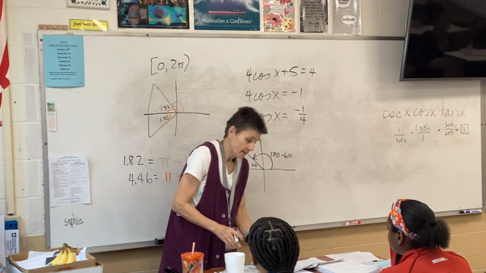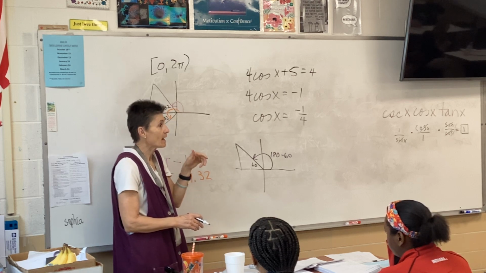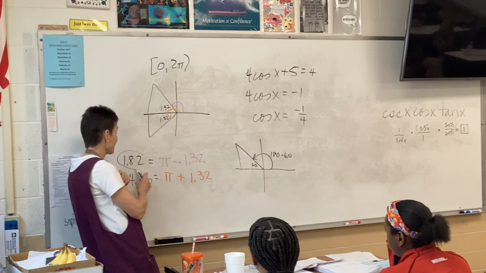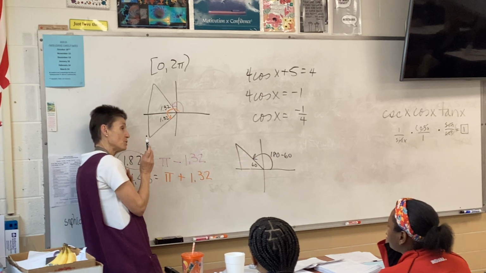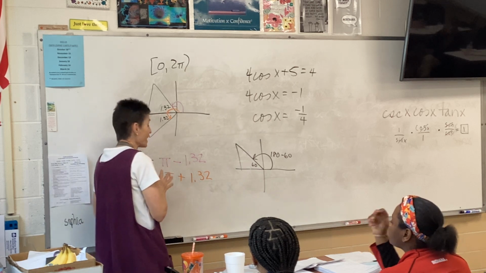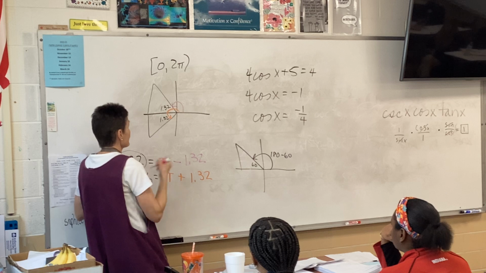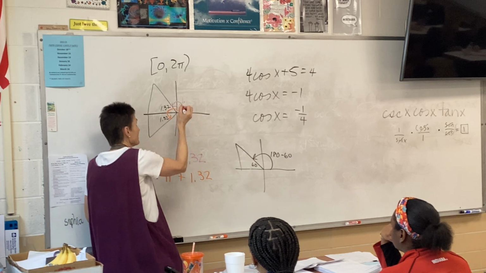Now, if you typed in the negative, if you typed second cosine negative 1/4, you actually got this answer. And that's okay. But what you need to recognize is that then somehow you have to find the orange one.